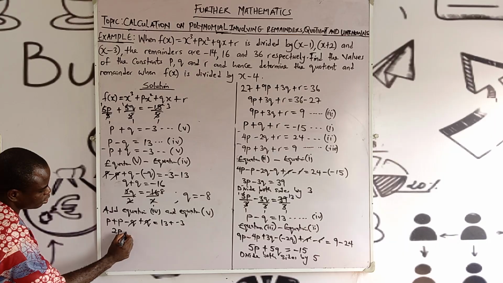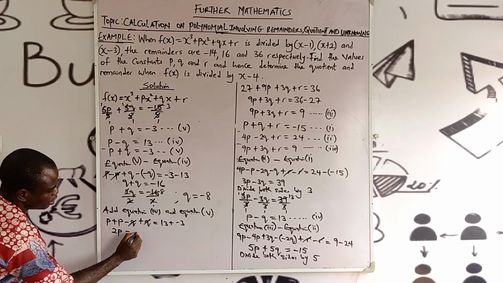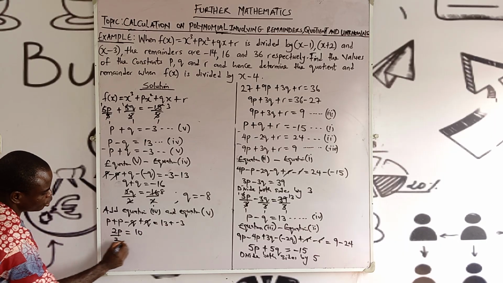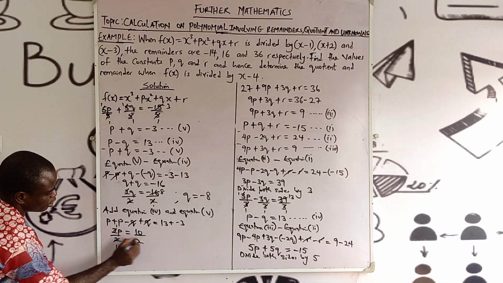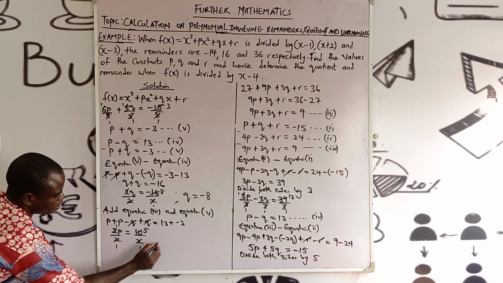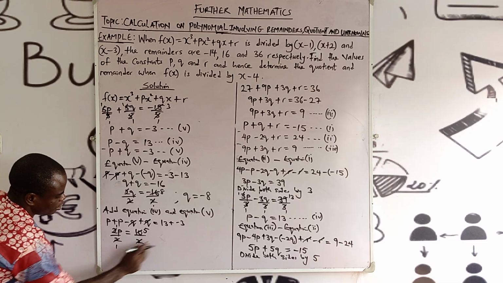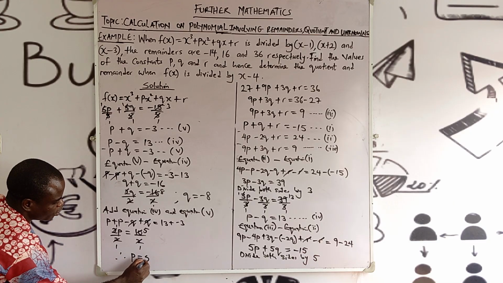This will cancel out. 13 plus minus 3, that's 10. Divide both sides by 2. Therefore, our p equals 5.